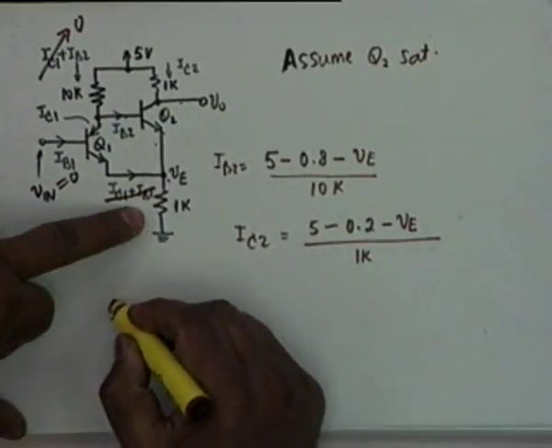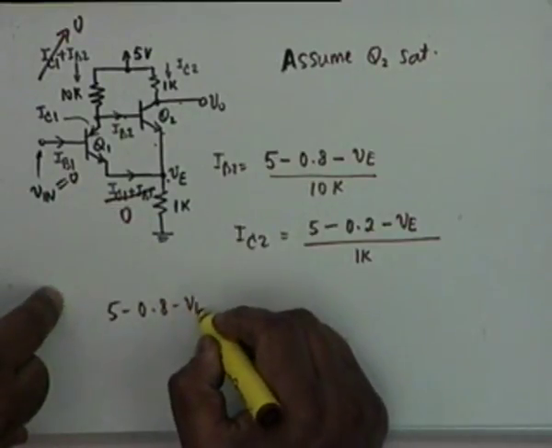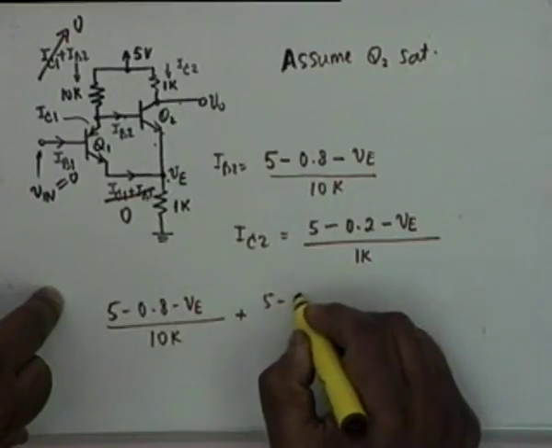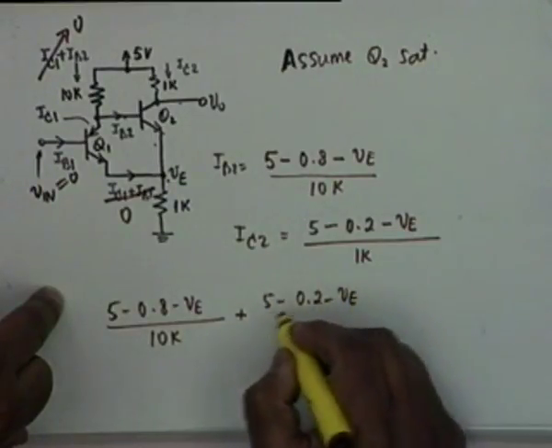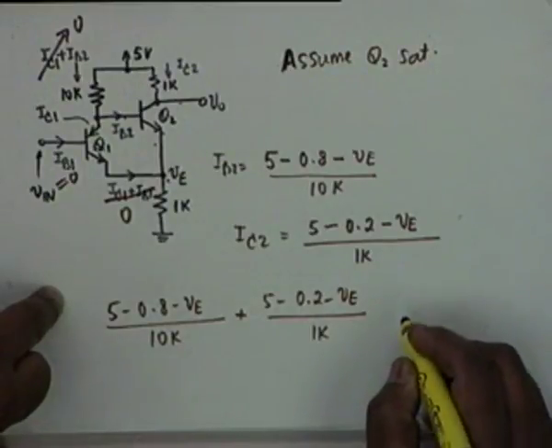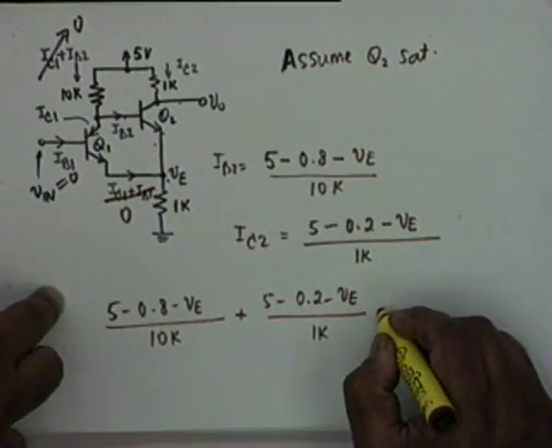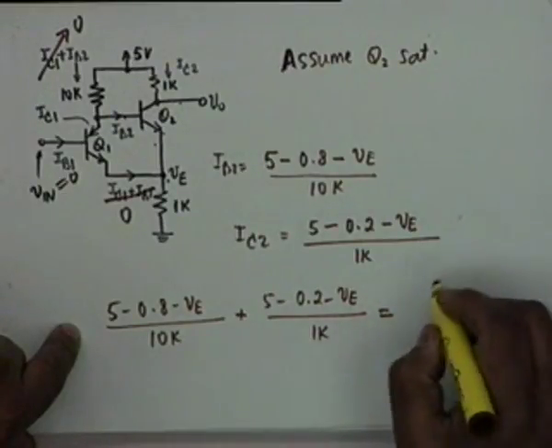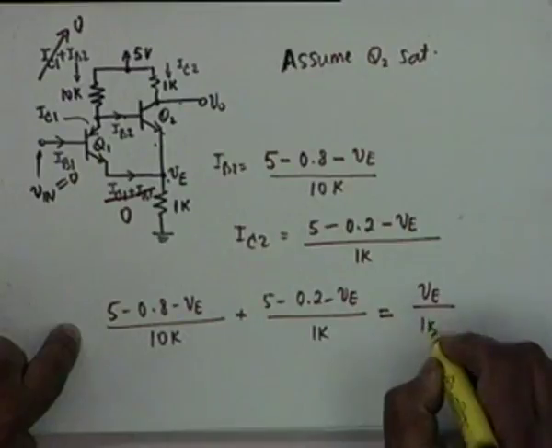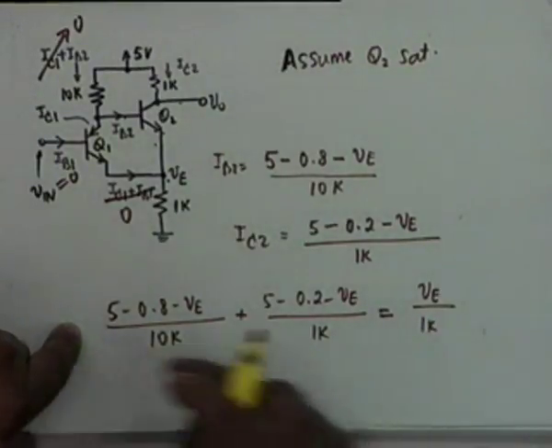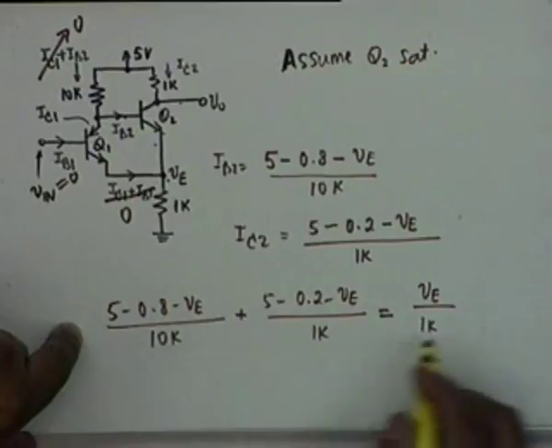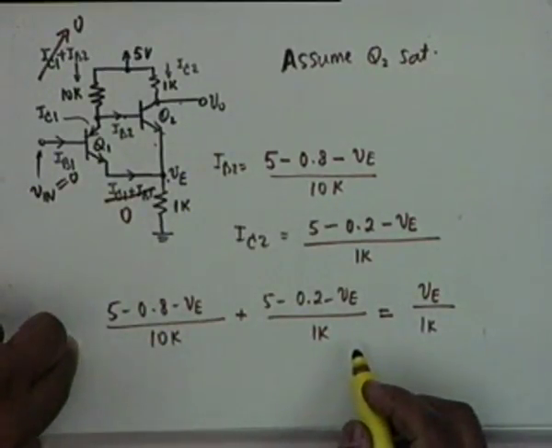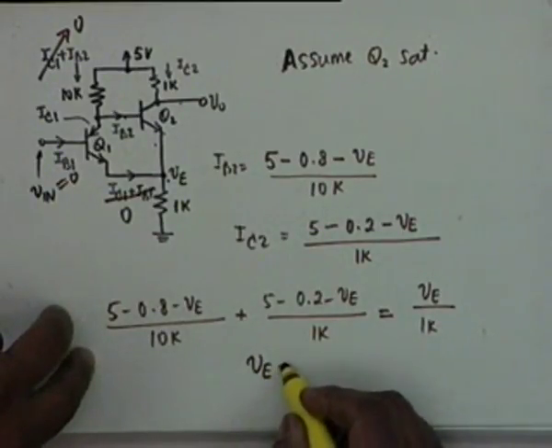So I sum up these two: (5 minus 0.8 minus VE) divided by 10K plus (5 minus 0.2 minus VE) divided by 1K. This should be equal to VE divided by 1K. Agree? The sum of IB2 and IC2 should be equal to the current through 1K, in which only VE is unknown, and therefore we can find VE.